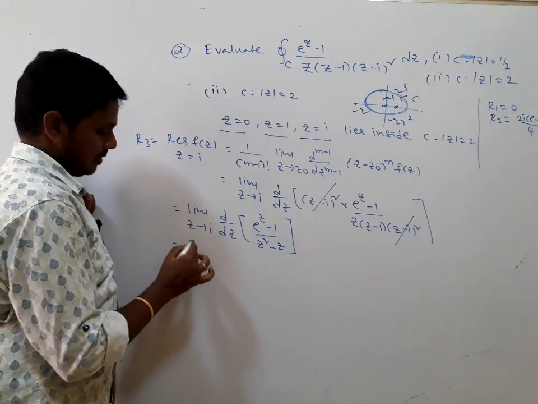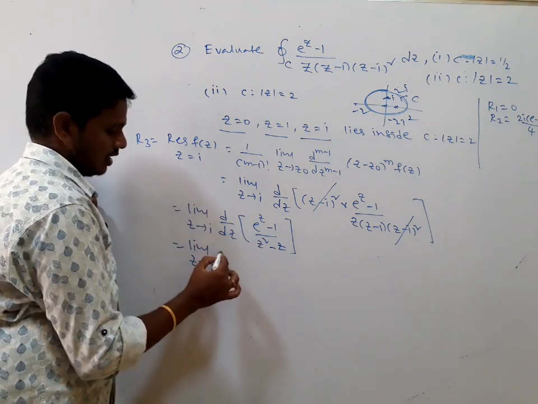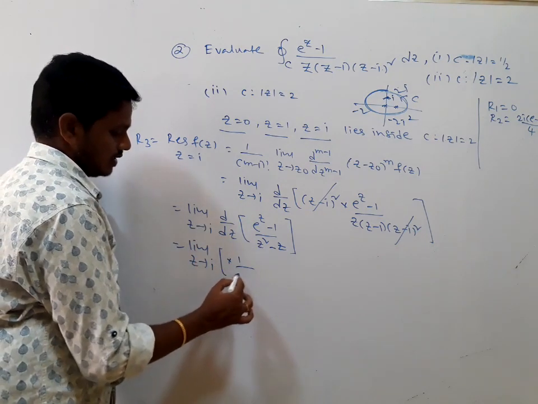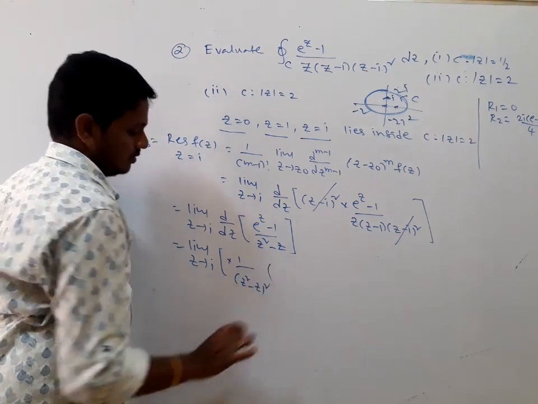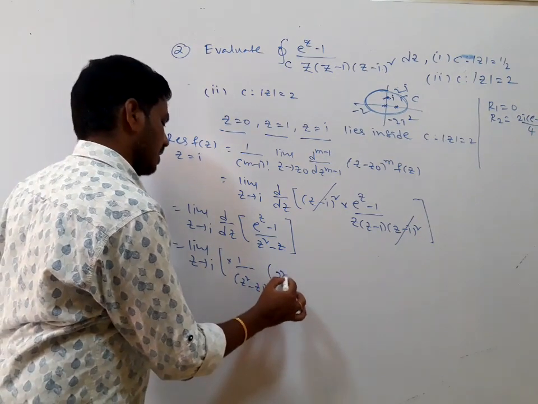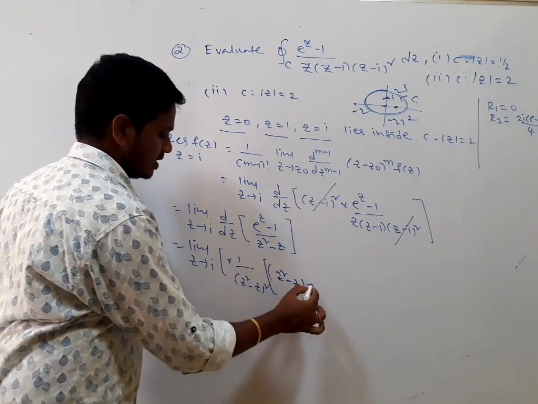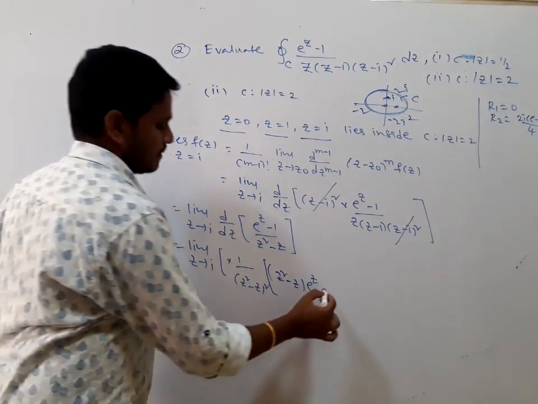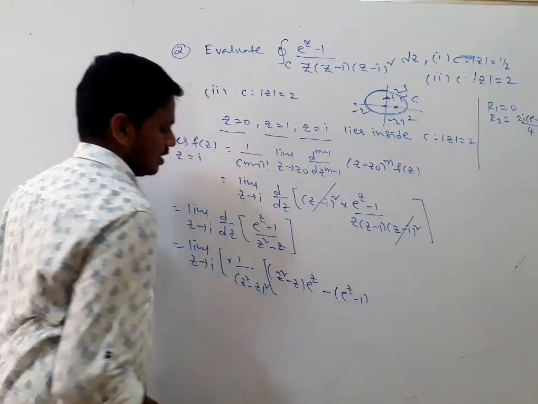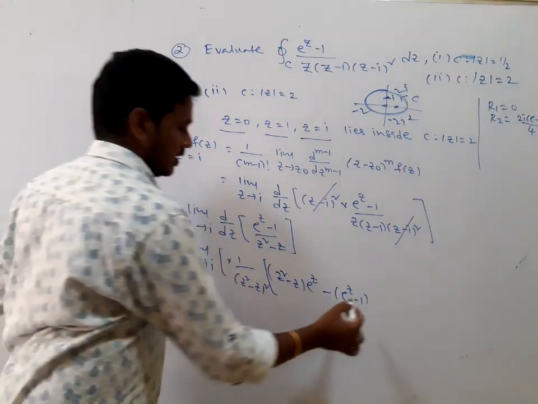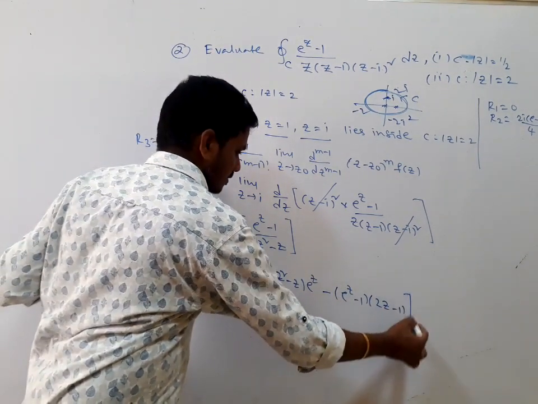Now it is in the form of u by v, you know that derivative: 1 by v square, that is 1 by z square minus z whole square, into z square minus z into the derivative of e to the power of z minus 1, which is e to the power of z, minus e to the power of z minus 1 into the derivative of z square minus z, which is 2z minus 1.